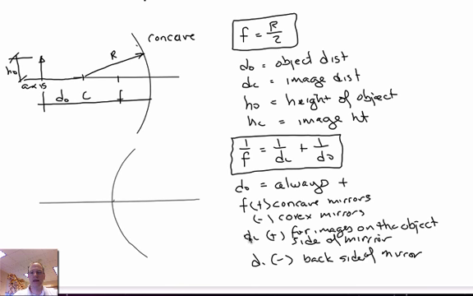You can see then that DI being positive, on the same side of the mirror, an image can be formed there, so this would also suggest that the image is real. And DI being negative behind the mirror, well, if you're behind the mirror, no real image can be formed, so this is a virtual image. And I think we talked about those terms before.